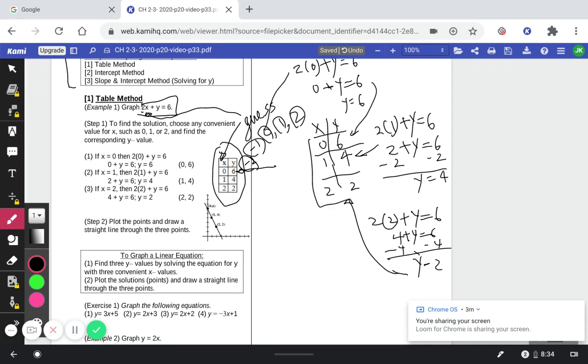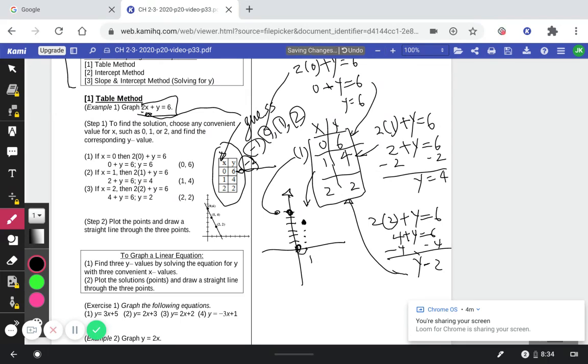And then you plot them. x is 0, y is 1, 2, 3, 4, 5, 6. That's the first point. And 1, 4: x goes 1, y goes 1, 2, 3, 4. That's the second point.